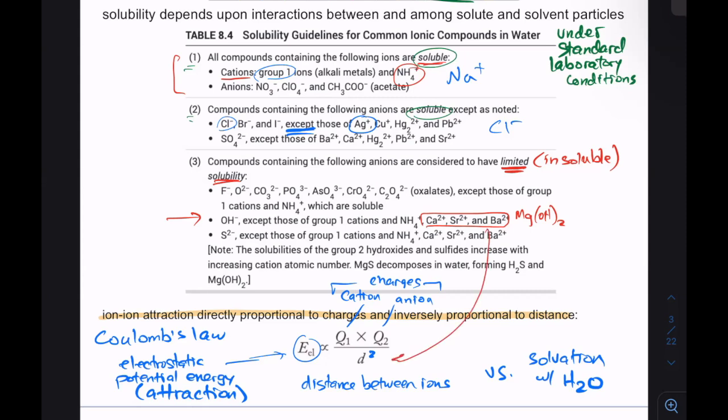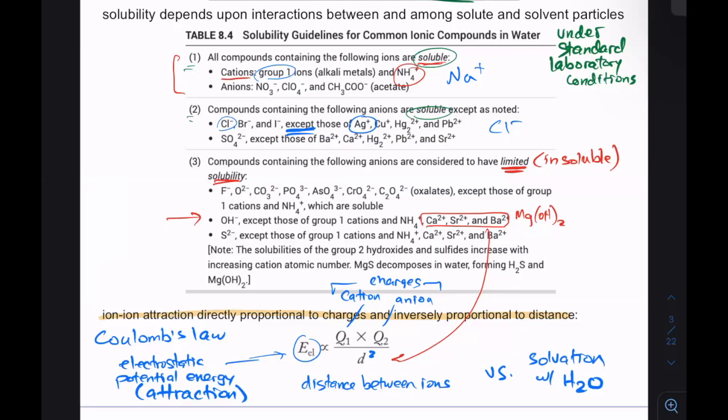As the ion gets larger, the solubility increases because now the electrostatic potential energy is lower in the ionic compound. So the stability of being solvated by water is going to win that battle. There's other things that factor into solubility, like temperature and pressure and concentration. I'll talk about some of those things in a little bit. But this is also one thing that helps you at least understand why some things are soluble where other things are not.